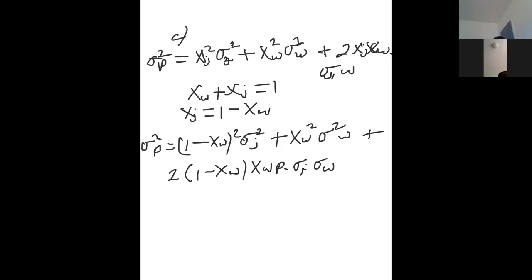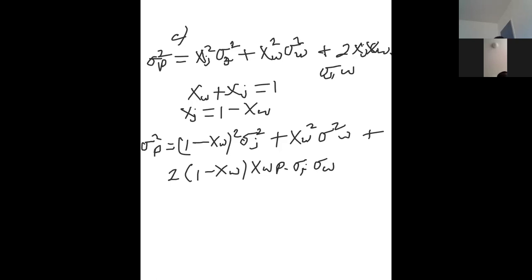I just want to understand, you made it 1 minus the expected value for what? What I'm trying to do here is this. We are trying to minimize the portfolio variance.